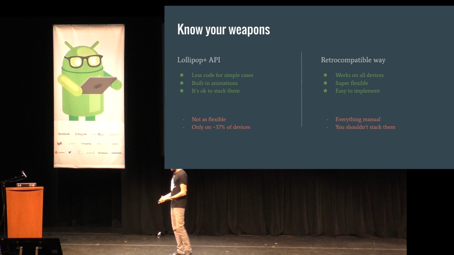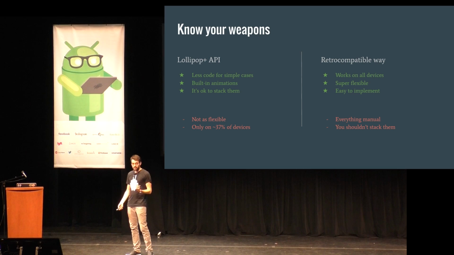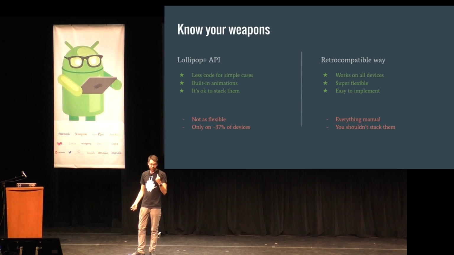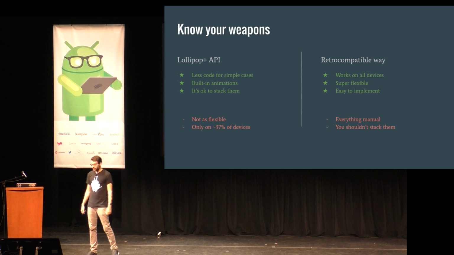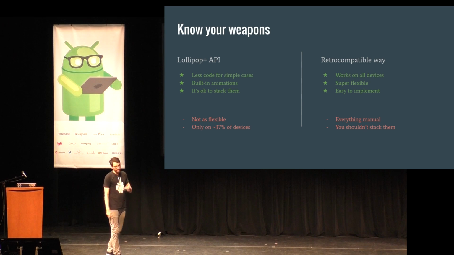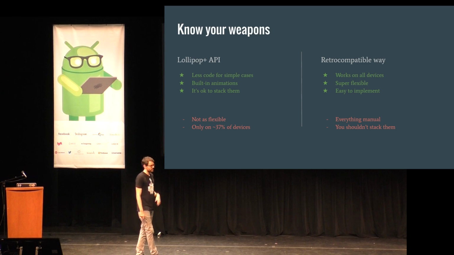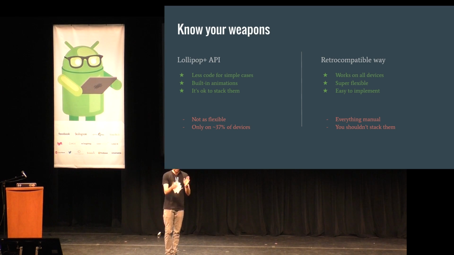There's no magic. On the other hand, if something breaks, it's you that broke it, not the framework, which is reassuring. And so, as I mentioned, be careful with stacking these translucent activities. Again, if you just add one and then go back to an opaque activity, you're back to 3 layers. So you can just keep toggling between these states, and you're completely fine.